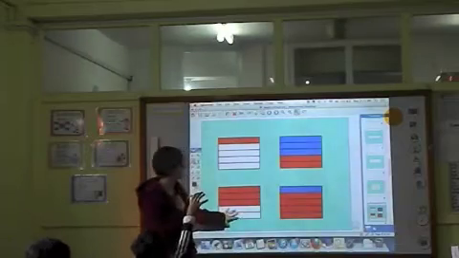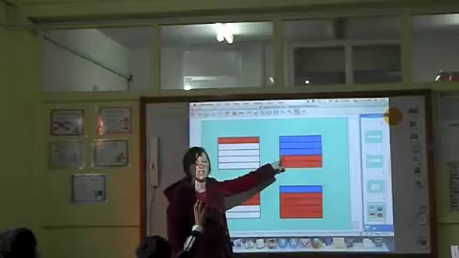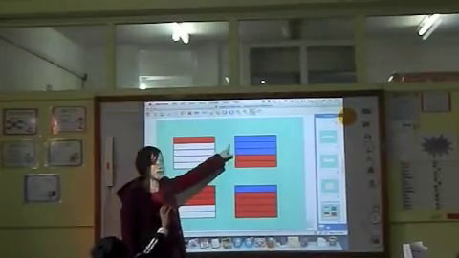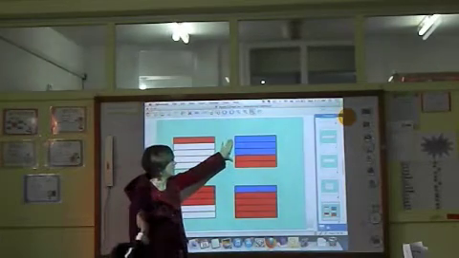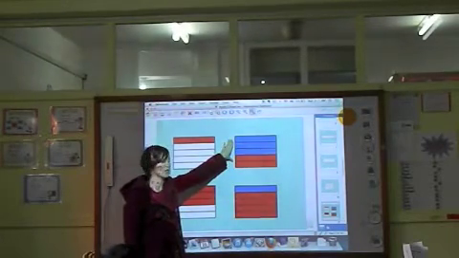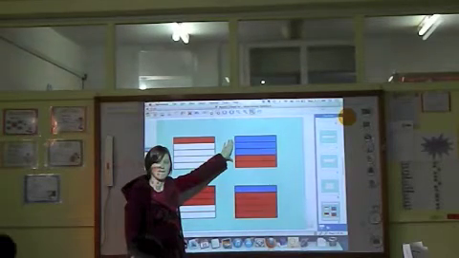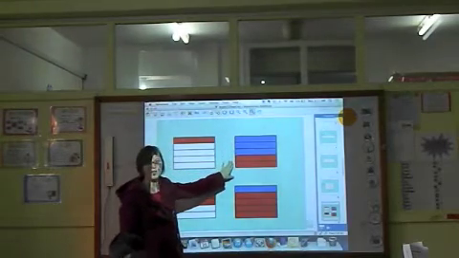We've seen this in our book, this type of question. Okay, look at this one. Which portion of this rectangle is shaded blue? 3/5. Yep. 3/5 are shaded blue.